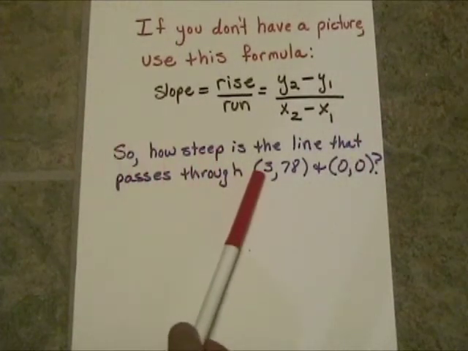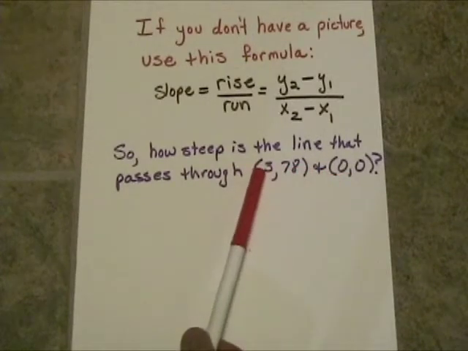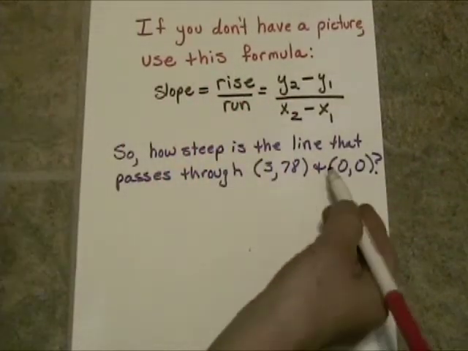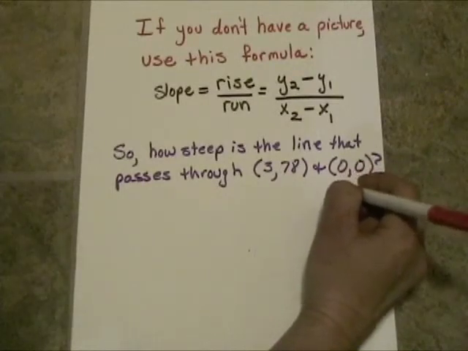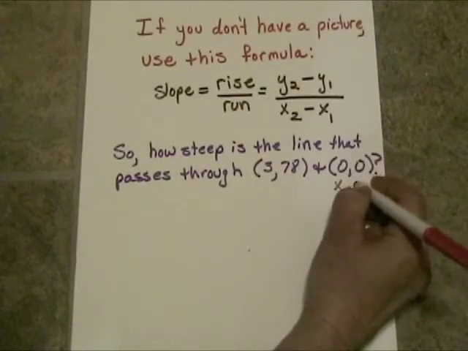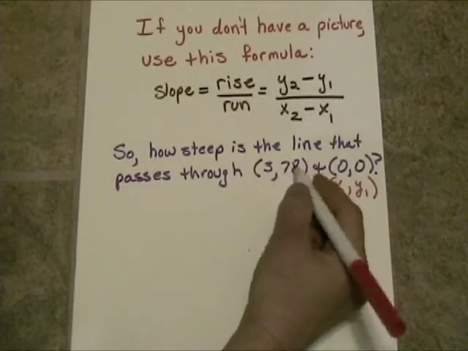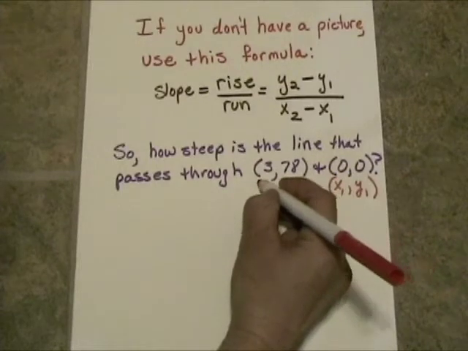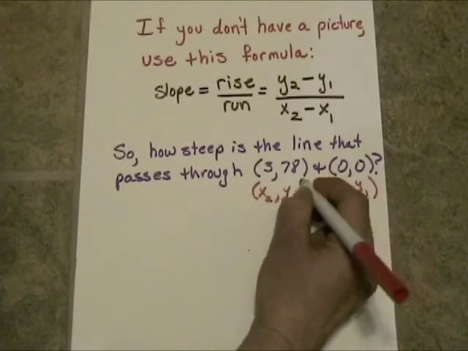So you look at the x values and see which one comes first as we look at the line from left to right. And 0 appears before 3. So this would be x sub 1 and this would be y sub 1. And then your eyes would fall on this particular point second. So this is x sub 2, y sub 2.